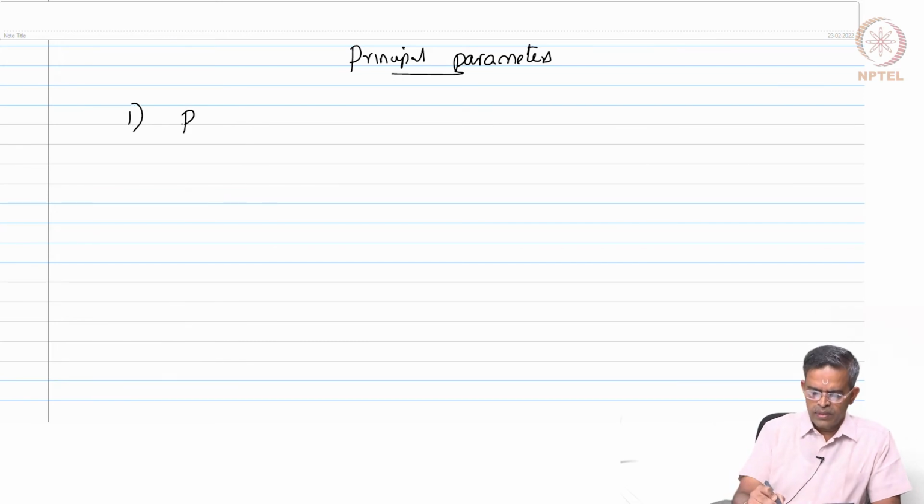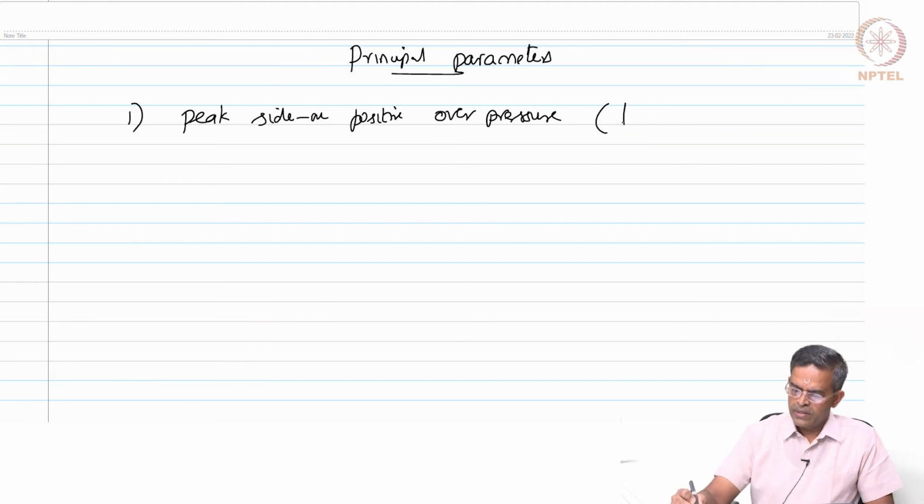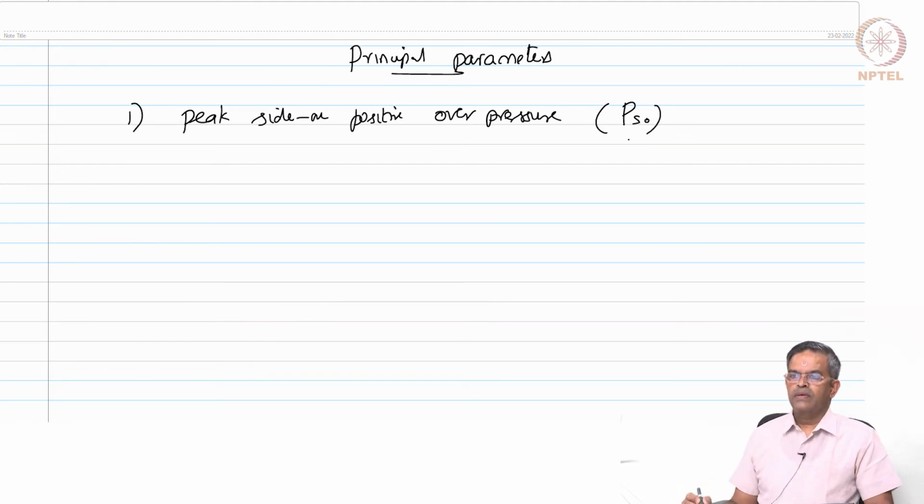One is peak side-on positive overpressure, indicated as PSO.